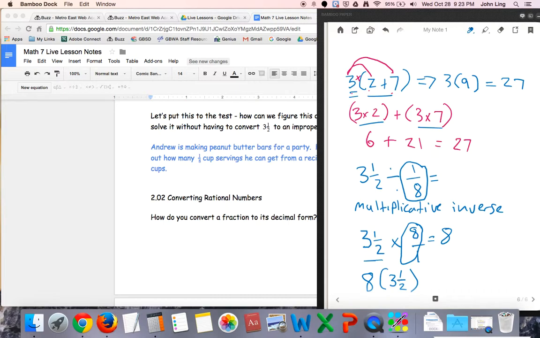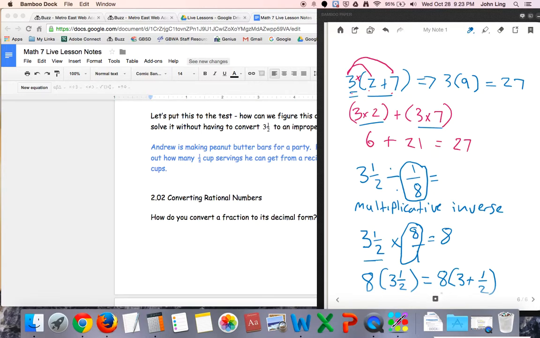We can say, well, 3.5 is the same thing as 3 plus 1/2, right? So we could say it's like this: 8 times 3 plus 1/2, right? All I'm doing is separating out the 3 and the 1/2. It'd just be like if I had a 4, I could say 4 is split into 3 plus 1.